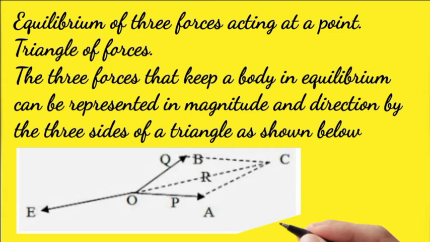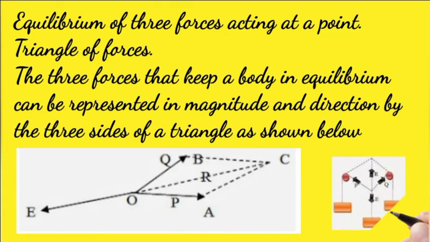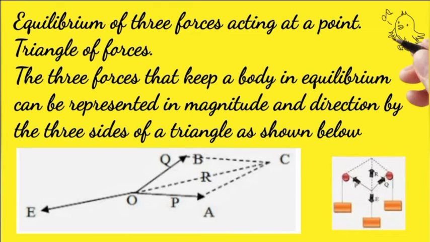You can see that when two forces, together with their resultant and the equilibrant E, are acting at a point, they can be represented by the three sides of a triangle, taken in magnitude and direction, of course, so taken in order. So that's the idea behind the triangle law of forces. We can look at this picture and get a better understanding of what we are talking about.